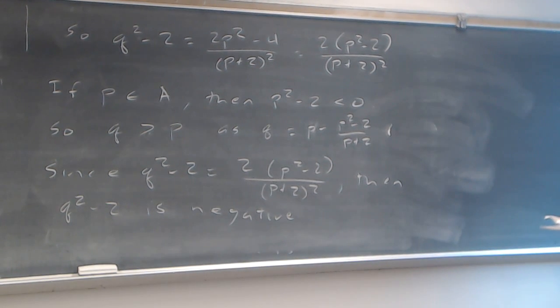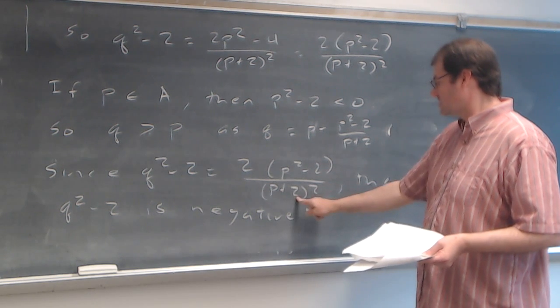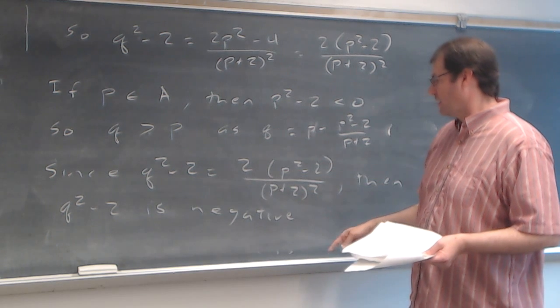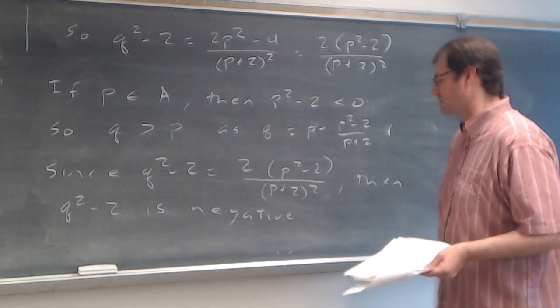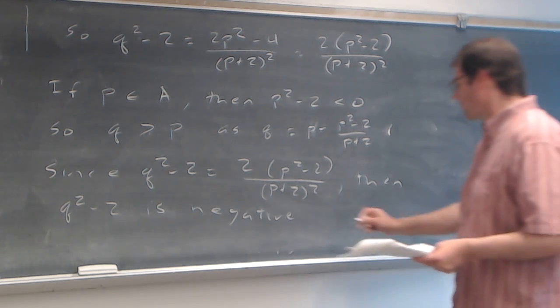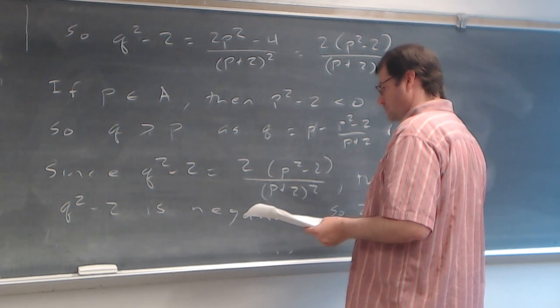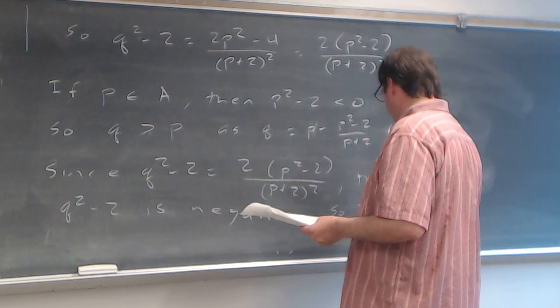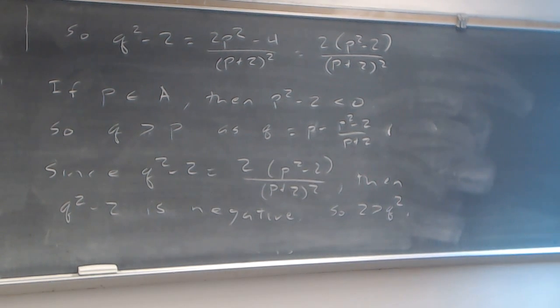And the reason that that is negative is pretty clear. This is a negative quantity, this is positive, and so what we end up getting is a negative divided by a positive, so that makes a negative. And so that says 2 is bigger than q².